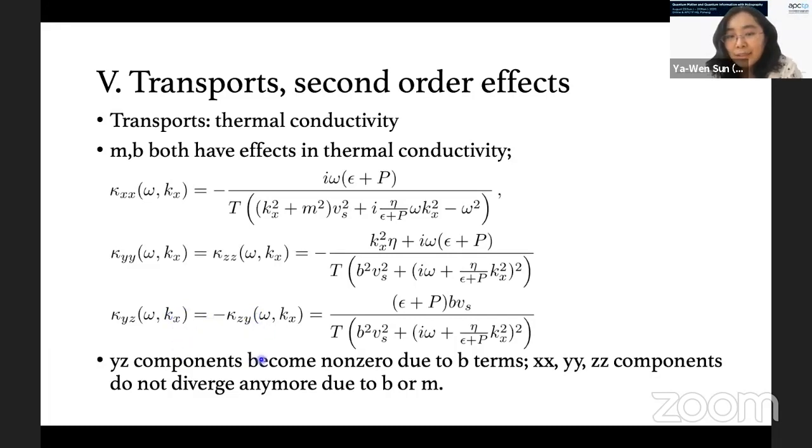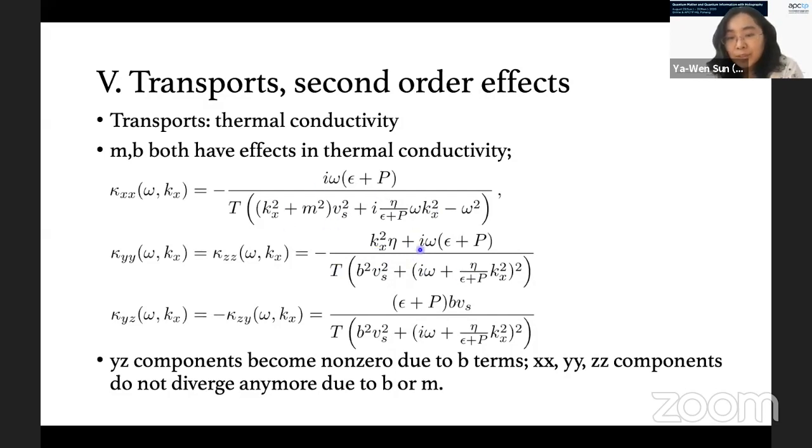Here, our B terms break this time reversal symmetry, so these original zero components become non-zero now, but still finite. And the original infinite conductivities now become finite due to these M terms and also B terms.